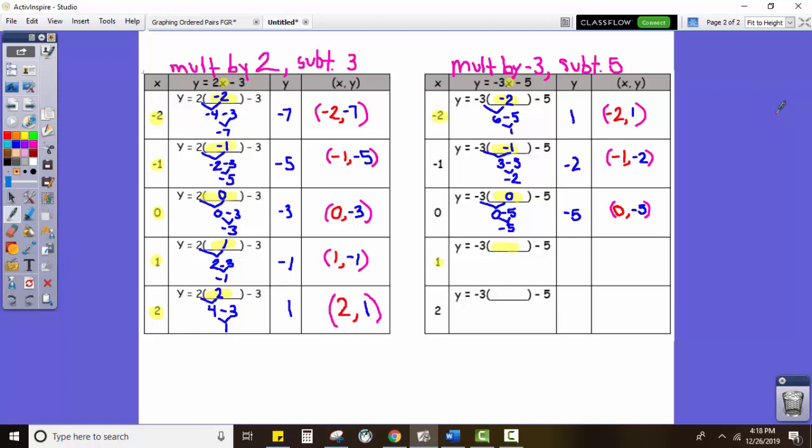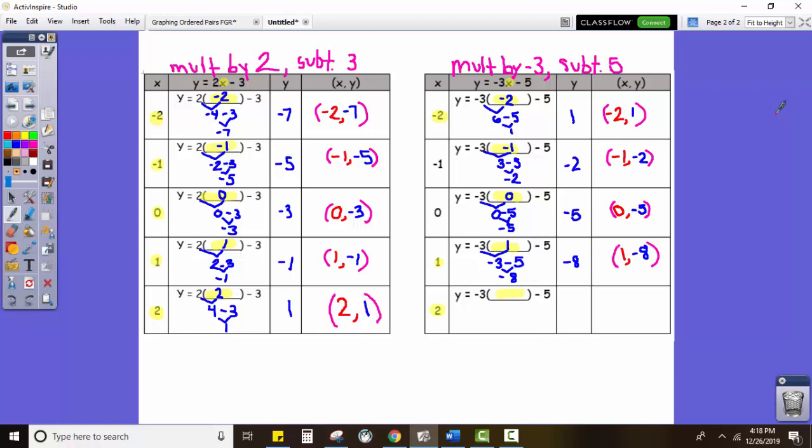Then plug in a 1 for x. So negative 3 times 1 is negative 3. Bring down, subtract 5. And negative 3 minus 5 is negative 8. My ordered pair would be 1, comma, negative 8.